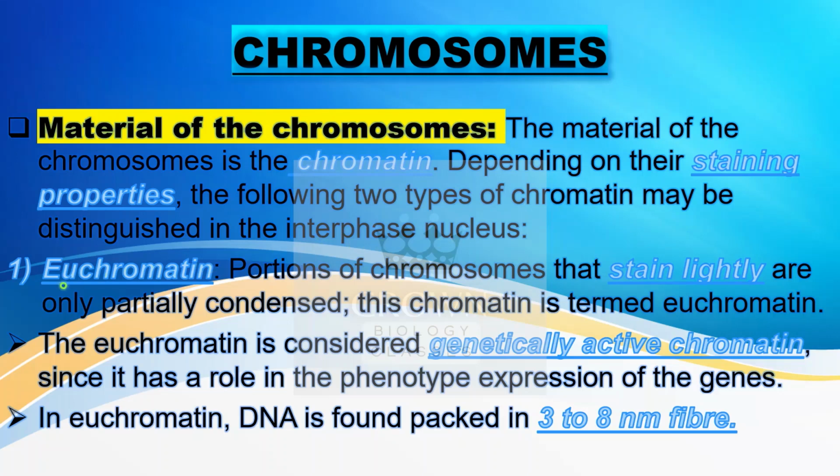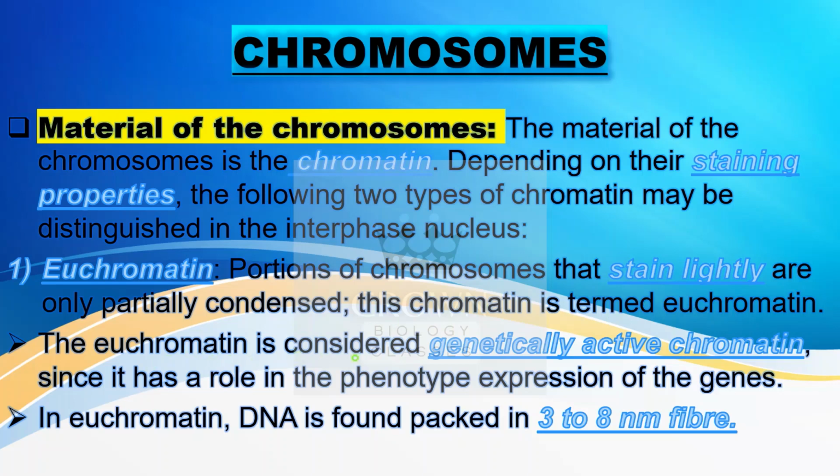So the first type is euchromatin. In euchromatin, the portions of chromosomes that stain lightly are only partially condensed. So there will be certain portions of the chromosomes that will be lightly stained and partially condensed, and the chromatin is termed euchromatin.